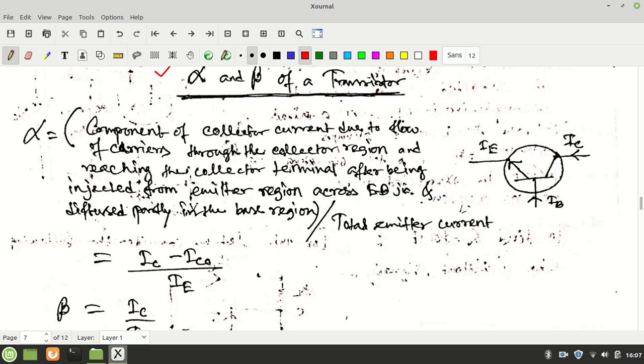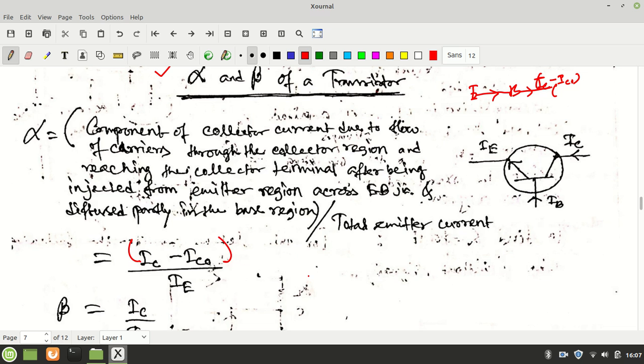One comes from the emitter, travels through the base and reaches the collector after recombination. That is the main component, which is IC minus ICO, because ICO is the minority current.